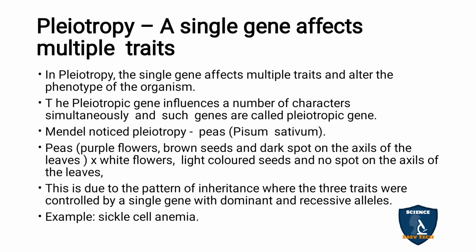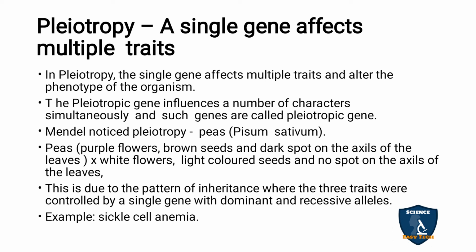Now, pleiotropy: a single gene affects multiple traits. Okay, so in pleiotropy, a single gene affects multiple traits and alters the phenotype of an organism. So, one gene is responsible for more characters. For example, a protein is necessary for the growth of the hair.